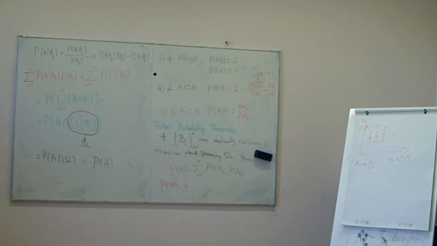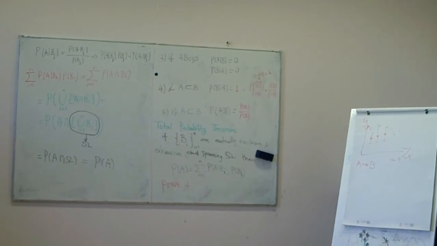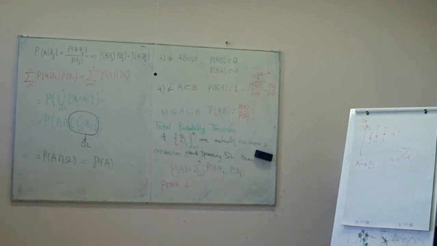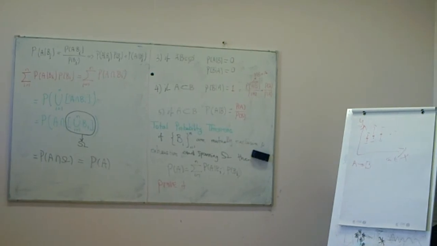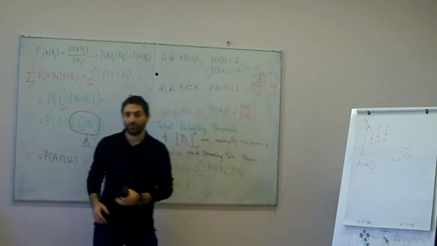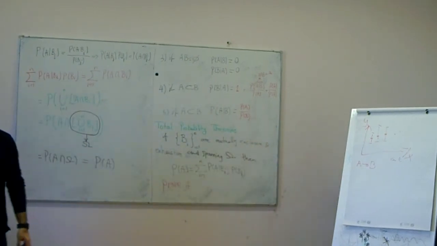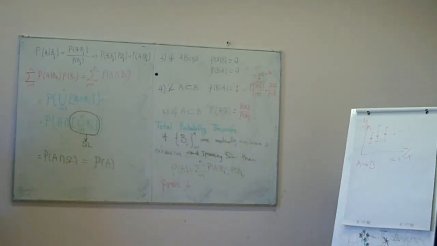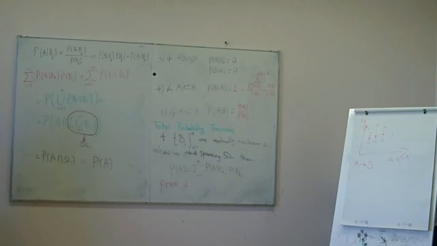Now, why we need to know the total probability theorem is because by using this, we can generalize the Bayes formula, the Bayes rule that we talked about in yesterday's class and the slides.